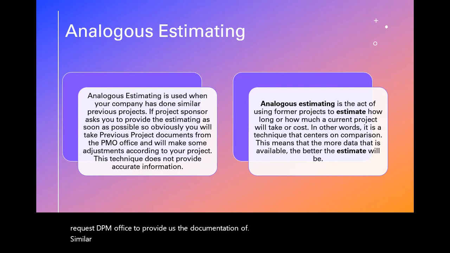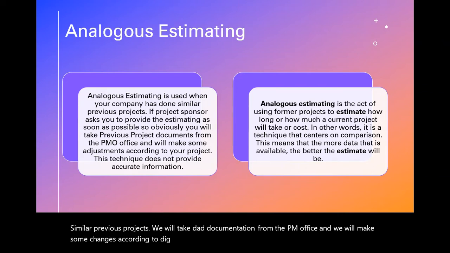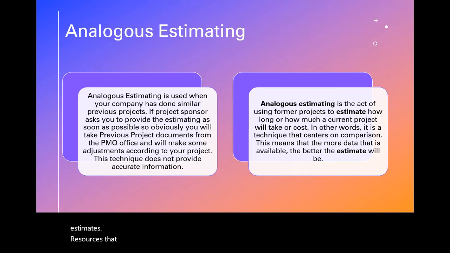We take that documentation from the PMO office and make some changes according to the needs of the current project, and then we can compile our estimates for resources: human resource, cost resource and material resource.